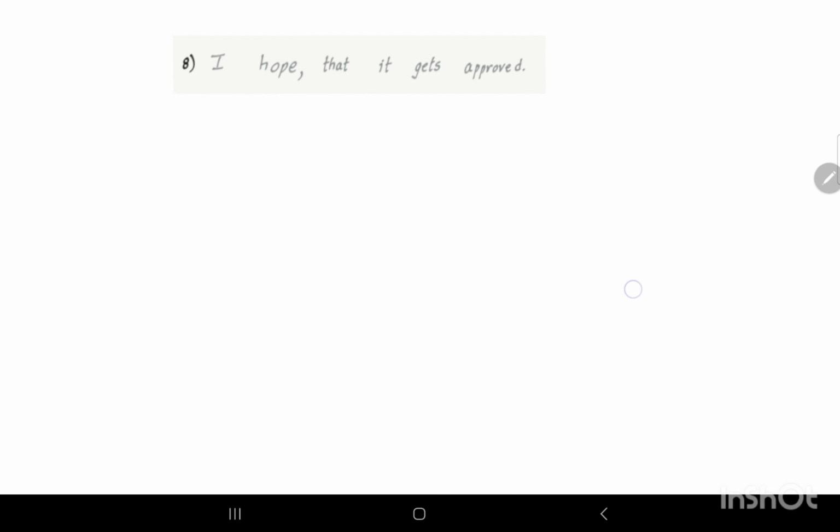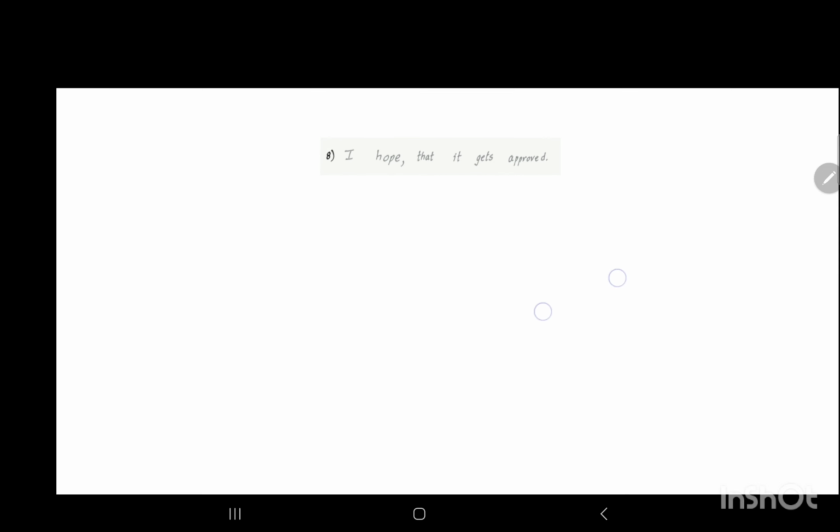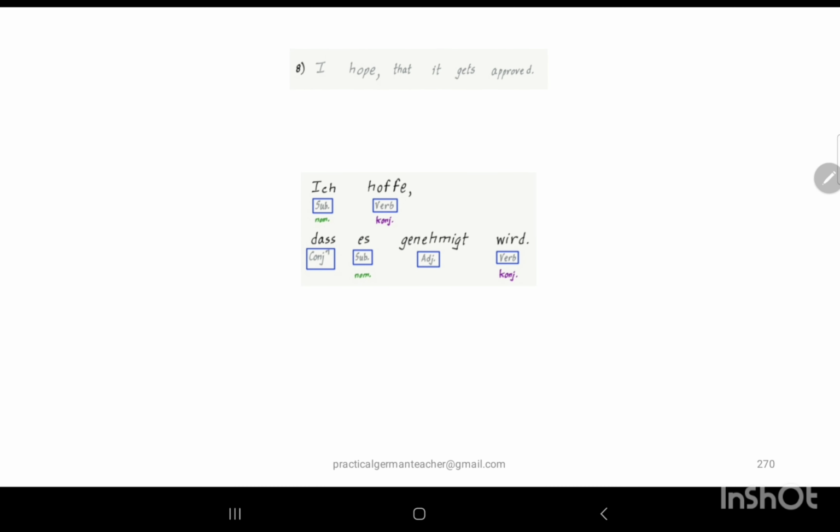I hope that it gets approved. So ich hoffe, dass es genehmigt wird. Okay? Here genehmigt is just an adjective, it's not a verb.